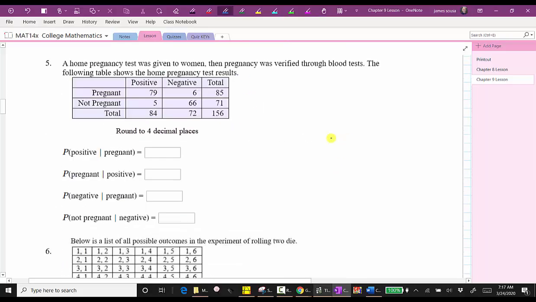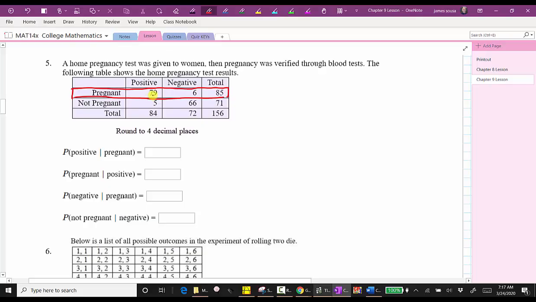For number 5, a home pregnancy test was given to women, then pregnancy was verified through blood tests. The following table shows the home pregnancy test results. So first we want to find the probability the woman was positive given she was pregnant. Because we are given she is pregnant, we're only concerned about this row here. Notice how there are a total of 85 pregnant women, 79 of which tested positive.